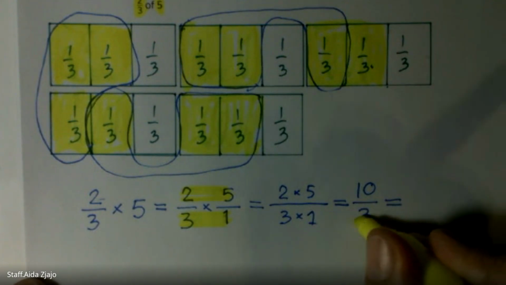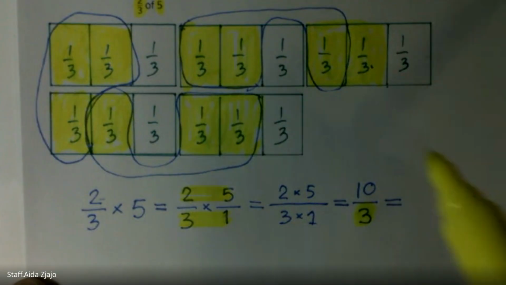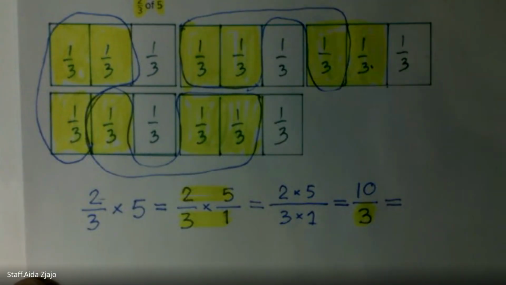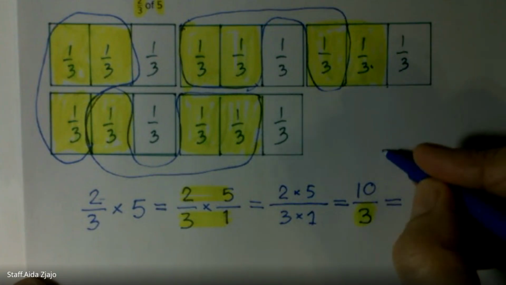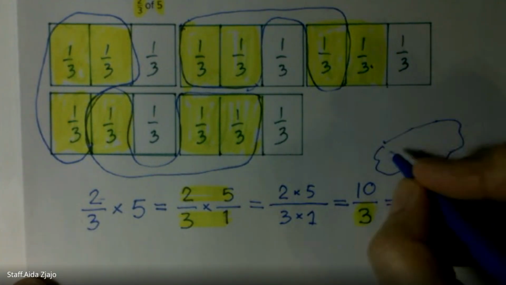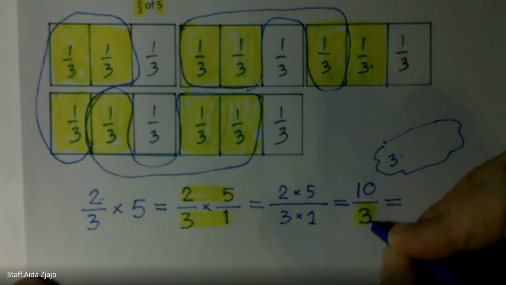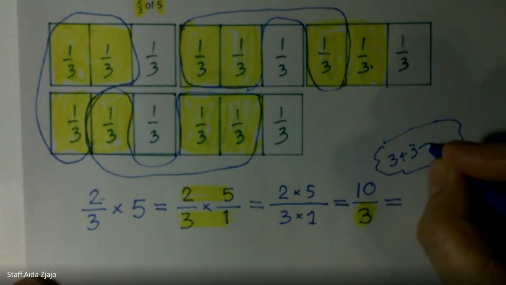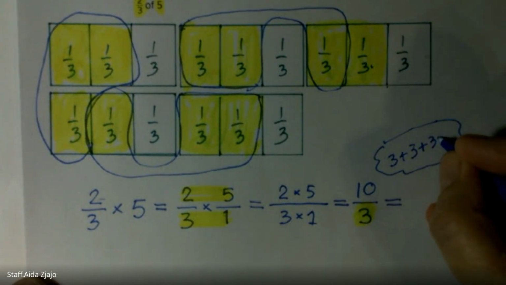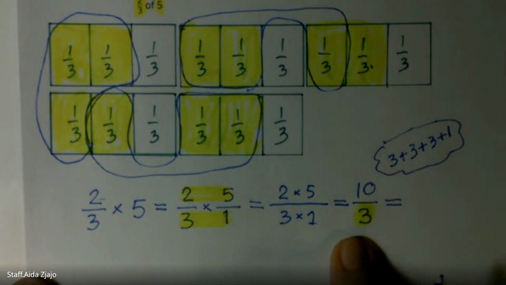So I know then 3 pieces will make a whole. So 1, 2, 3, 3 thirds makes a whole. So thinking about this 10, if you think about this, 10 in terms of thirds is 3 plus 3 is 6, plus 3 is 9, and plus 1 makes 10.